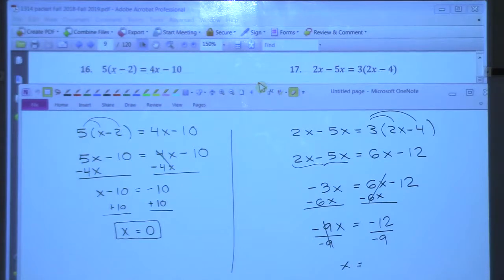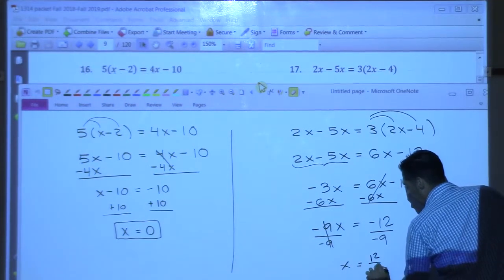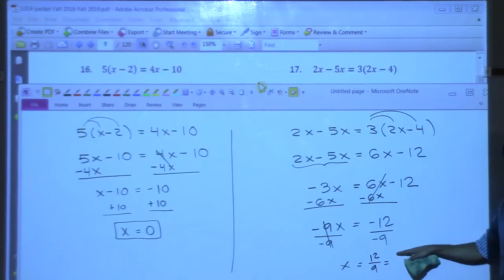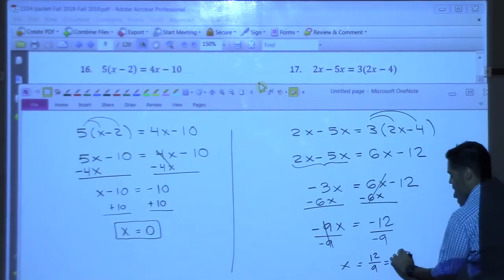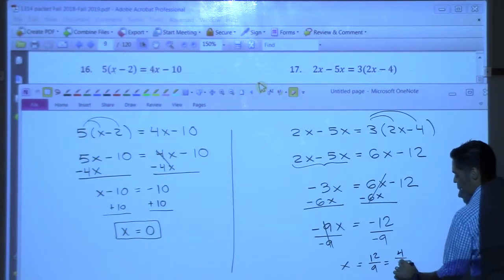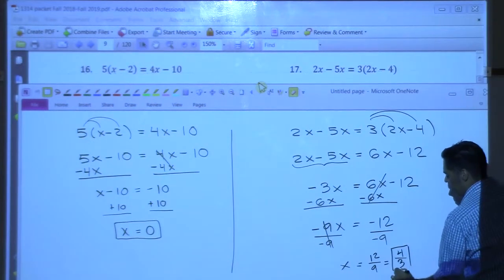Positive. So you know your answer is positive, right? It's positive 12 over 9. But you can reduce that fraction, right? There's a number that goes into both of these. That number is 3. So 3 goes into 12 4 times, and 3 goes into 9 3 times. So your answer is 4/3.